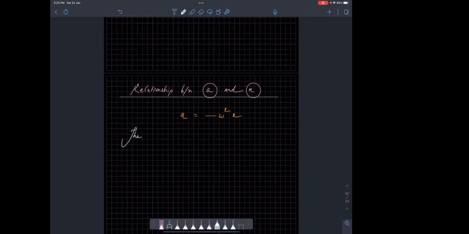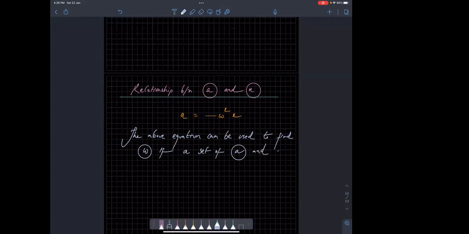So the above equation can be used to find omega if a set of a and x are given. Are you following? Yes, sir.